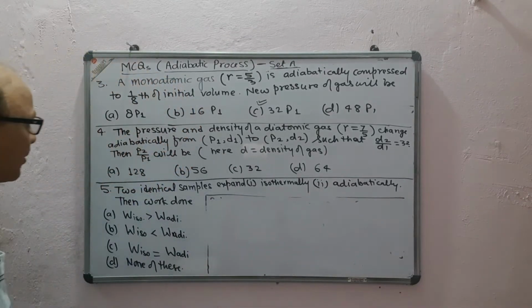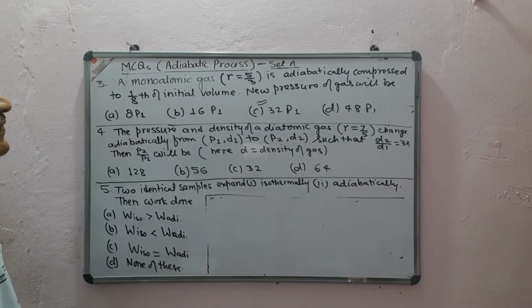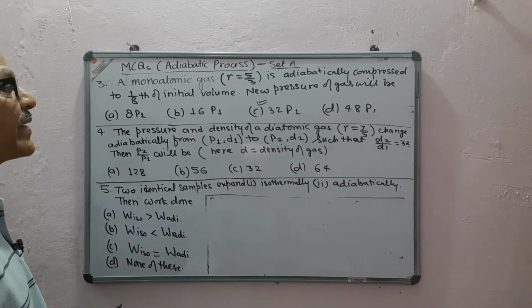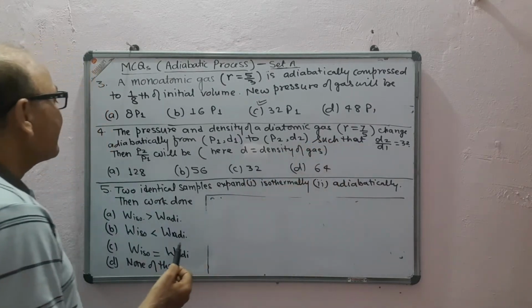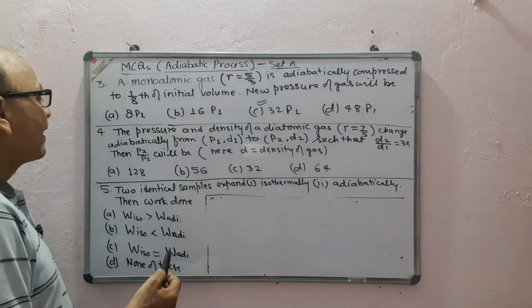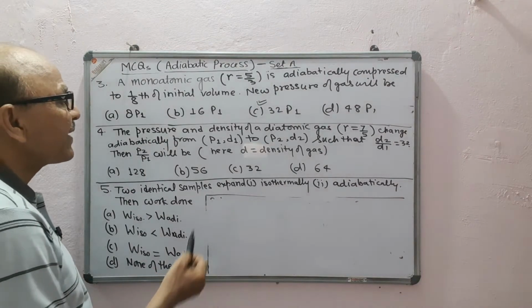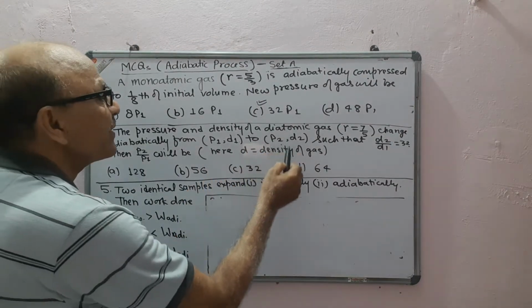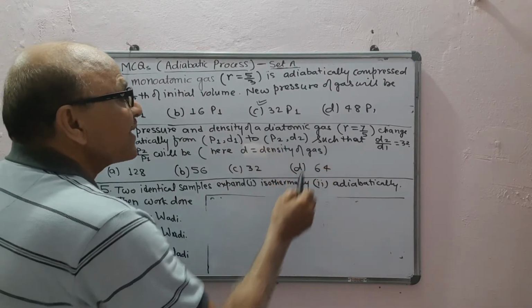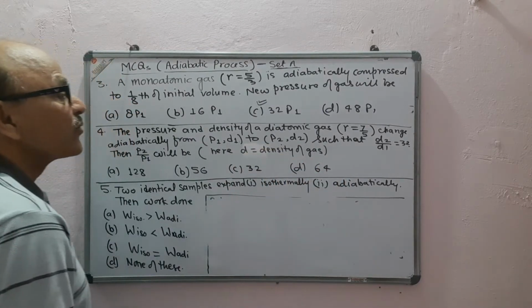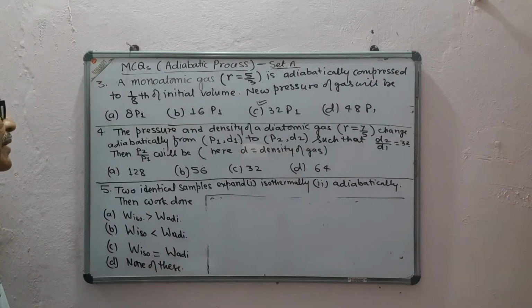Question number 4. The pressure and density of a diatomic gas whose gamma is this much change adiabatically from P1 D1 to P2 D2. Here D is the density of the gas such that D2 upon D1 is equal to 32. Then P2 upon P1 will be.